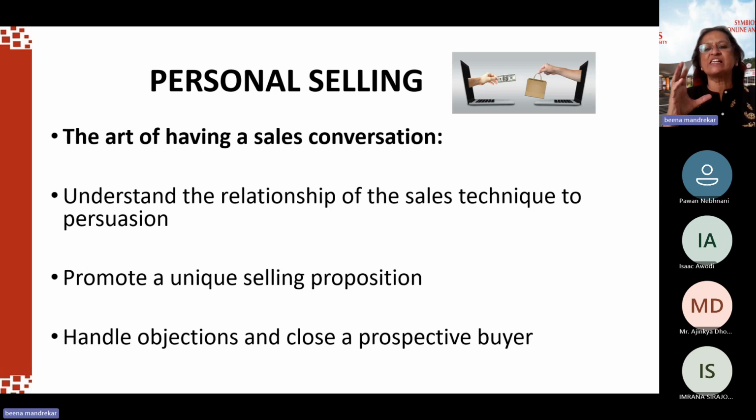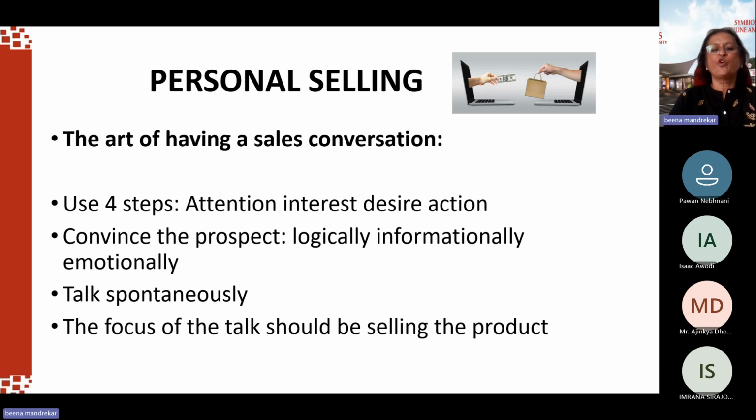Understanding the relationship of the sales technique to persuasion: promote a unique selling proposition, handle objections, and close the prospective buyer. Use four steps: attention, interest, desire, and action. These are the first steps. First, get their attention, arouse their interest, let them have a desire to buy the product, and let them buy the product.